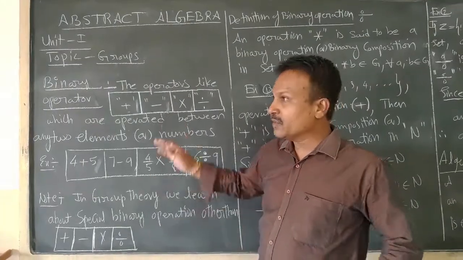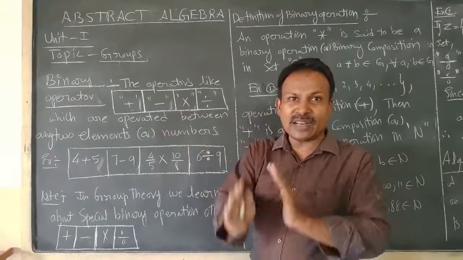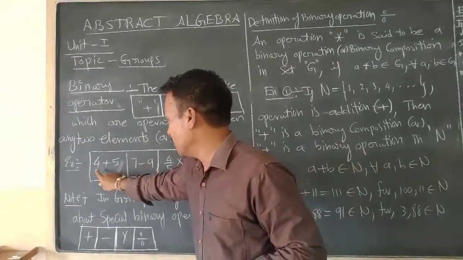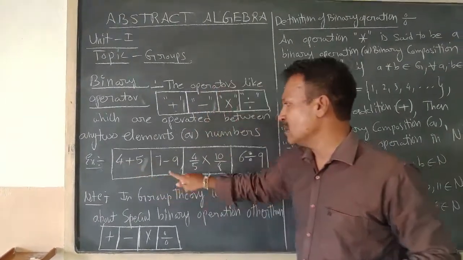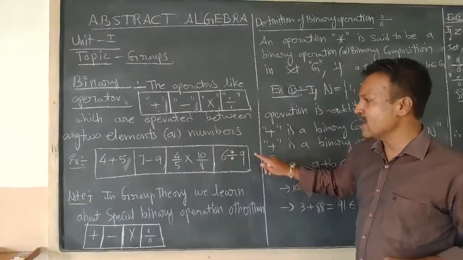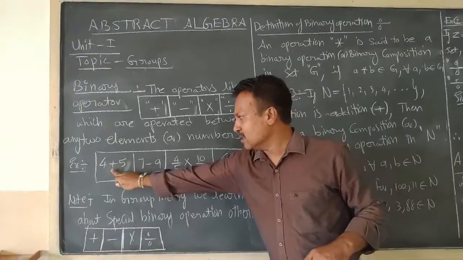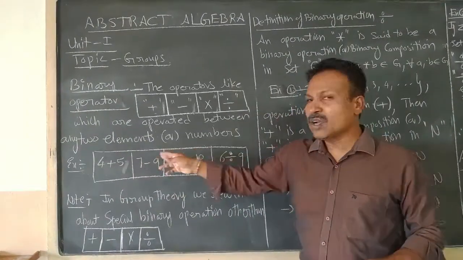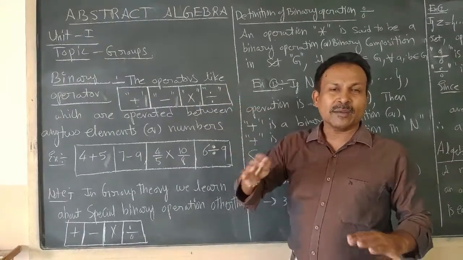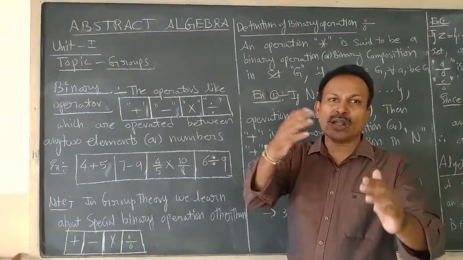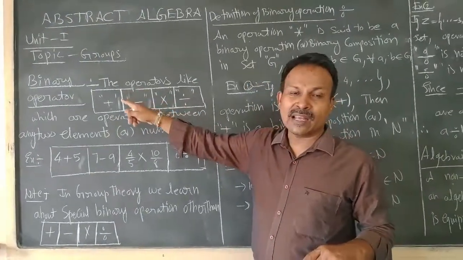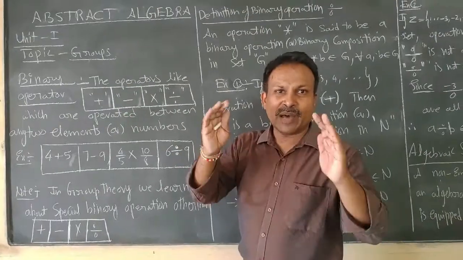Because these operators are put in between any two elements. For example, 4 plus 5, 7 minus 9, 4 by 5 into 10 by 8, 6 divided by 9. I have placed these four operators in between two elements. That is why we call these four operators binary operators or basic binary operators.